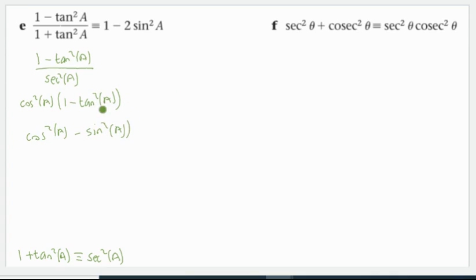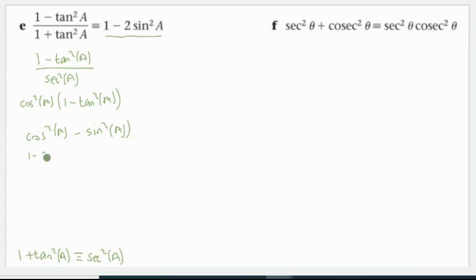So again, just taking the time to think about that: tan squared is sine squared over cos squared. So that becomes cos squared A multiplied by sine squared A over cos squared A, and that simplifies to sine squared A. Our answer only has sine squared A's and we've got a cos squared A, so let's change that to 1 minus sine squared A, using sine squared plus cos squared is 1.